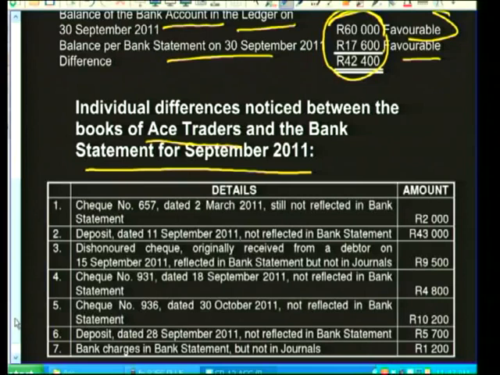Check number 657, dated the 2nd of March, still not reflected in the bank statement. Okay? That means this check is dated the 2nd of March. Watch. March, April, May, June, July, August, September. 6 months. What does it tell you?